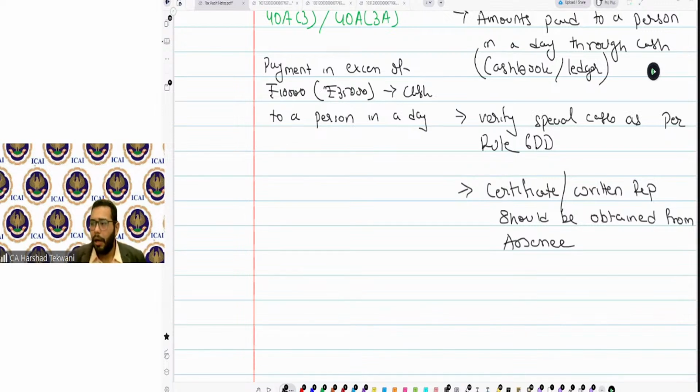Plus, we are required to report. See, again, here we cannot verify everything. So, basically, you should comment as a tax auditor in your report. Let's say, for example, that much information is not available.